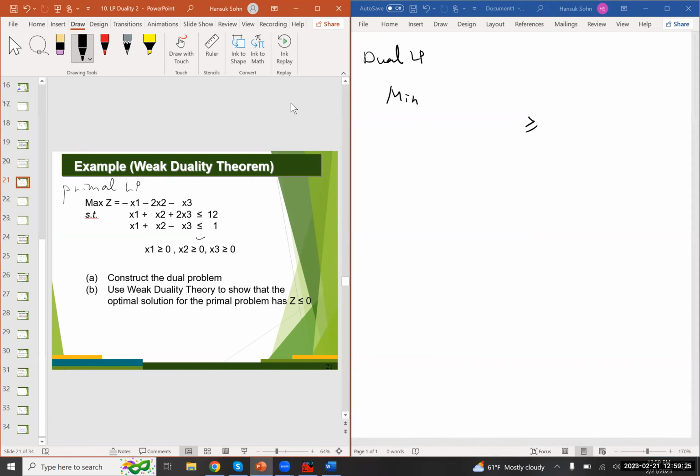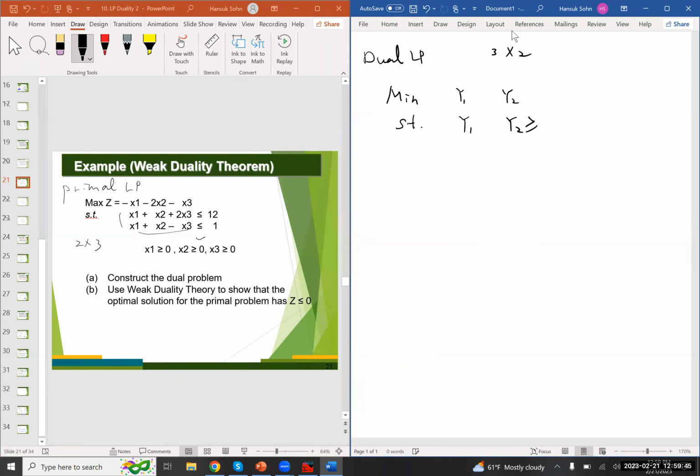The primal LP is a 2x3 system, so the dual LP must be 3x2, right? So it has 3 different constraints and 2 decision variables. So let's use y1 and y2 as the dual variables.